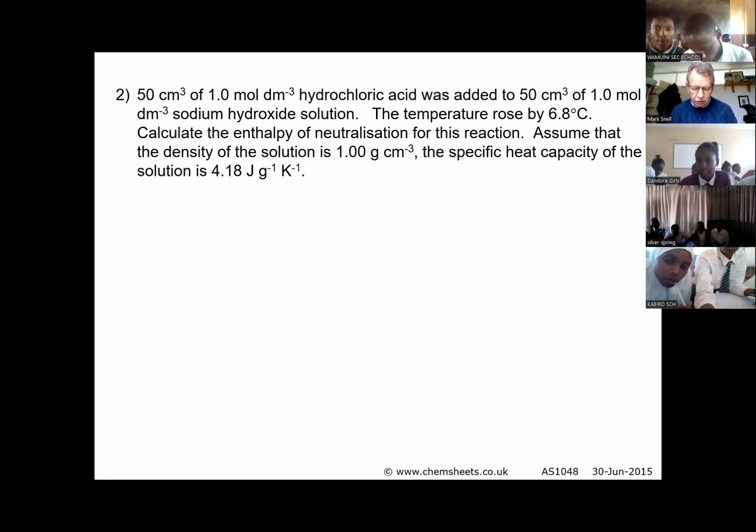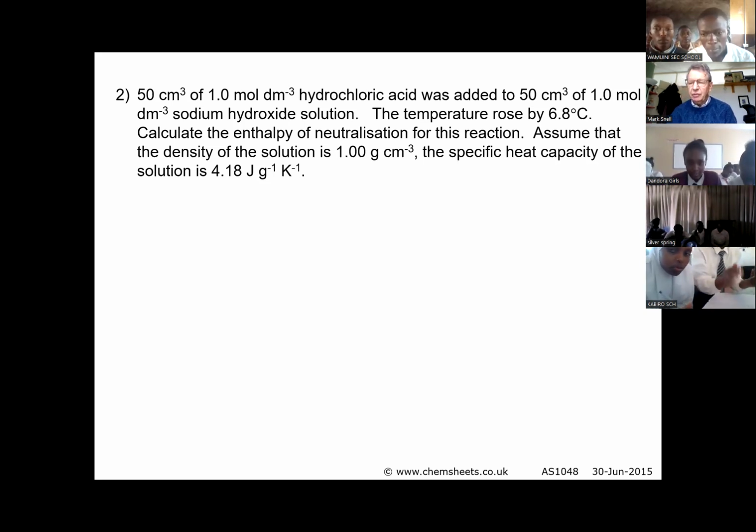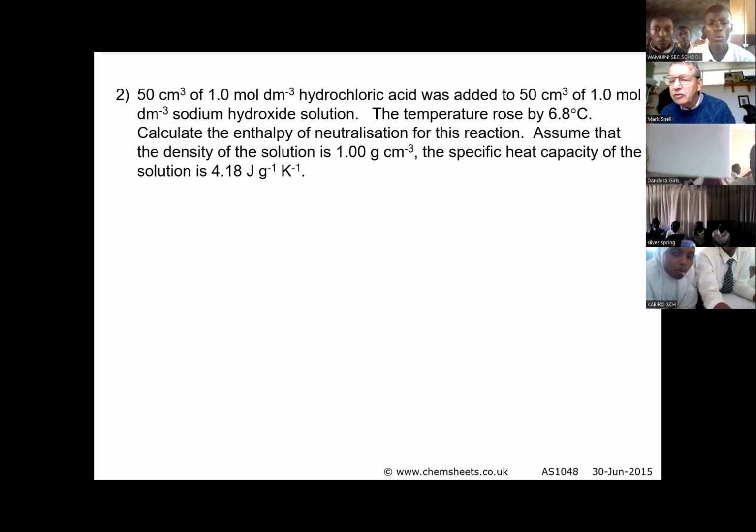Remember, 100 is the amount of water which is in there. So Q is going to come out as just under 3,000. If you've got something a bit under 3,000, then that's fine. I will then show you how to do the calculation of the number of moles if you don't already know it.